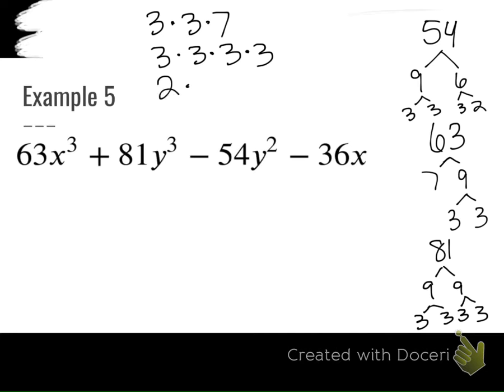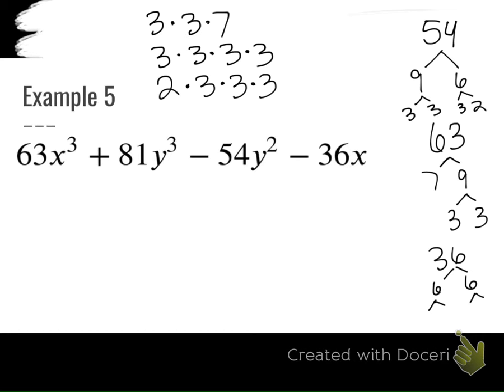So we have 2 times 3 times 3 times 3. Last up we have 36. So erase one of these down here. 36 could break into 6 times 6, with each 6 breaking into 2 times 3. So 2 times 2 times 3 times 3.